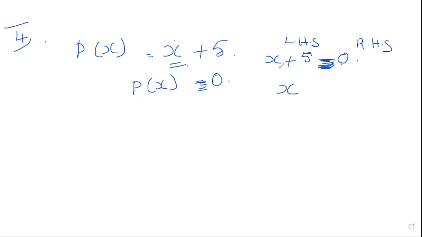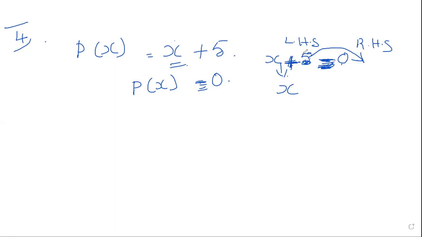So what do you have to do now? You have to find the value of x here. So what I'm going to do now is shift this plus 5. You have to shift it along with the sign, children. Plus 5 is here, so you are shifting this 5, or transposing it, to the right hand side. Children, one thing you should keep in mind: when we transpose terms from right to left or left to right, the signs will be changed.